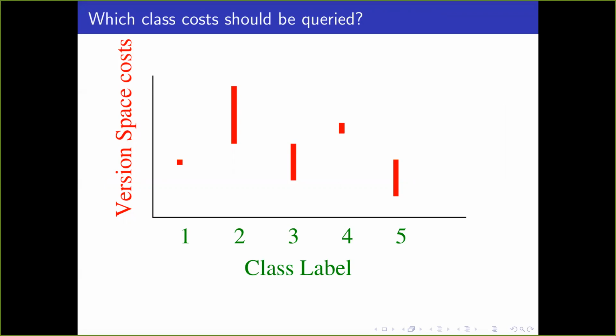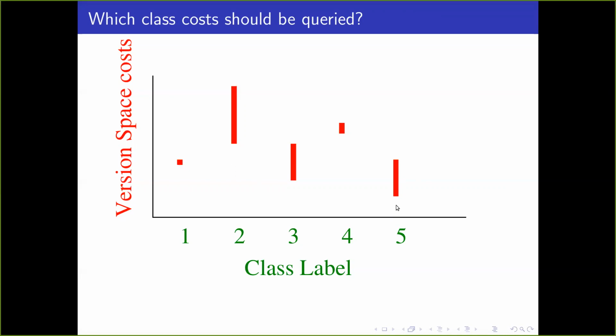For every class label, given the features of this example, we can predict a cost, and there's a set of different costs which are all reasonable given the information that we have so far. So for label 1, maybe we're pretty sure that the cost is going to be right about there. And for label 2, maybe we have a lot of uncertainty. Label 3, we have a lot of uncertainty. And label 4, and label 5, we have a lot of uncertainty.